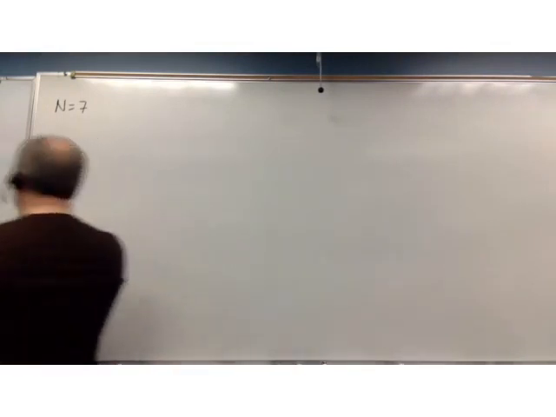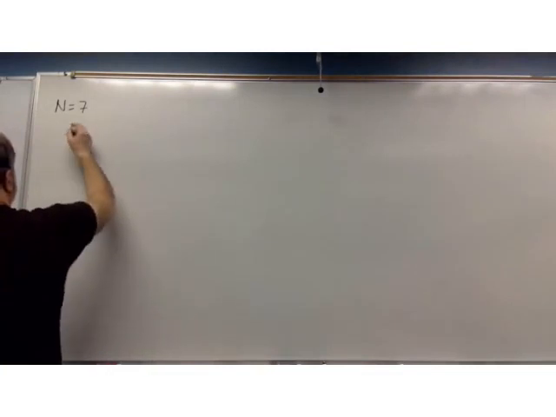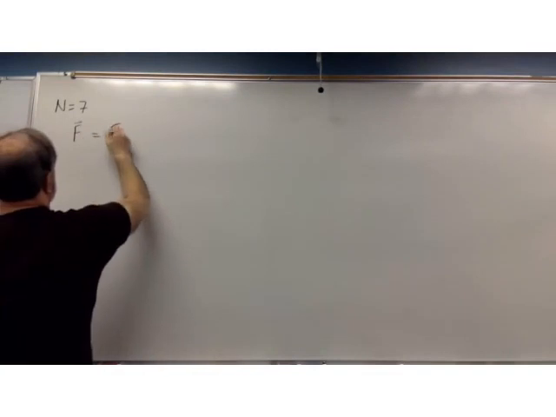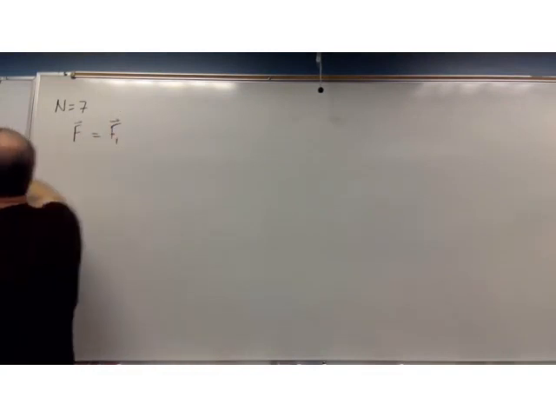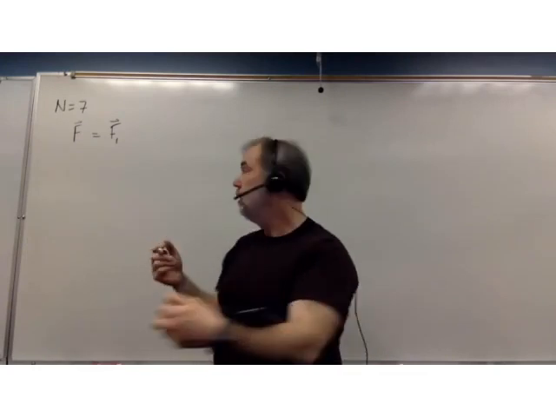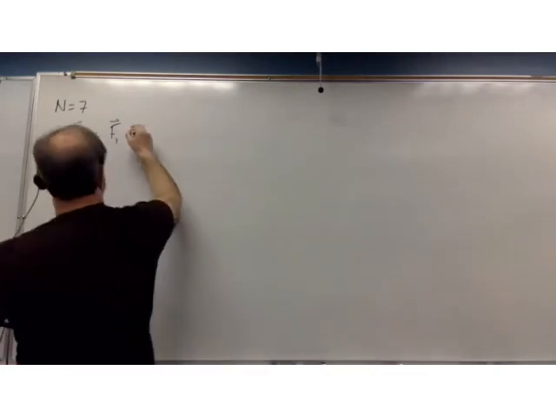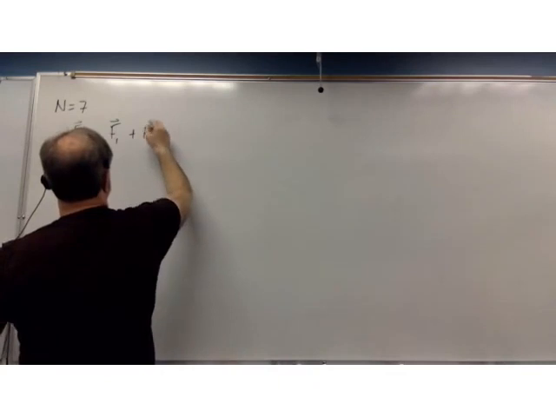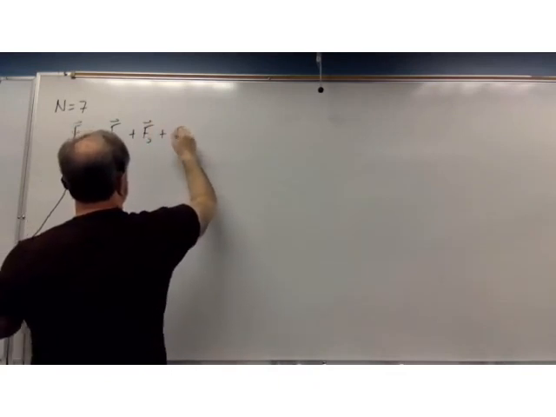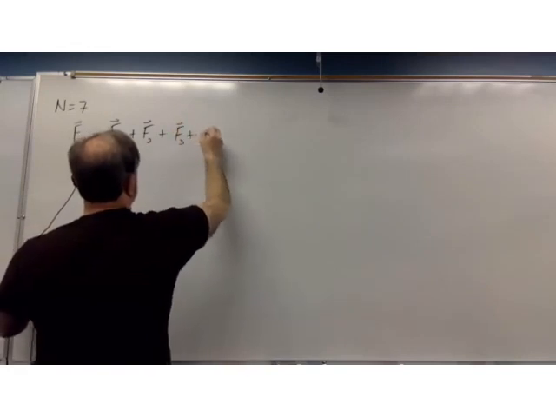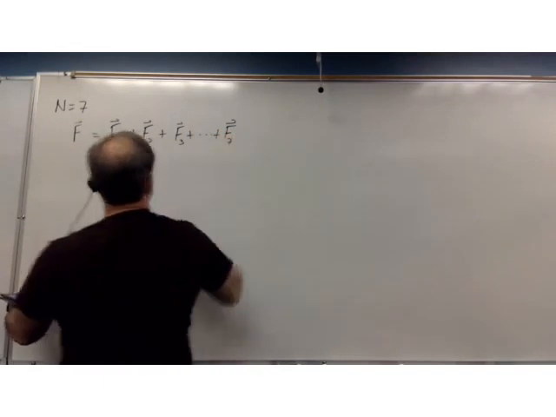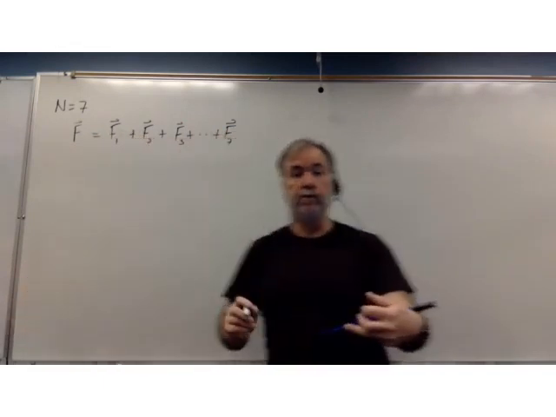In that case, I can write that the total electric force is gotten by adding the electric force on Q due to the first source charge, little q1, call that F1, and then plus the force on it from source charge Q2, plus the force on it from Q3, and so on all the way up to the force on it from Q7.